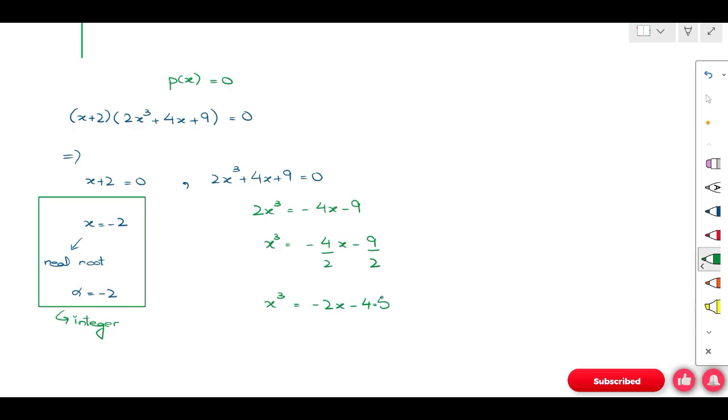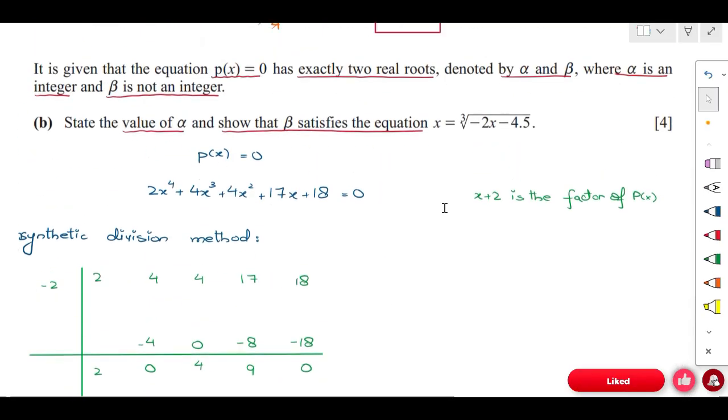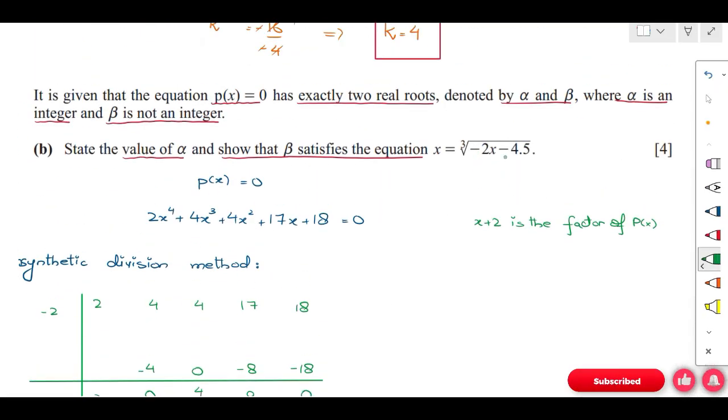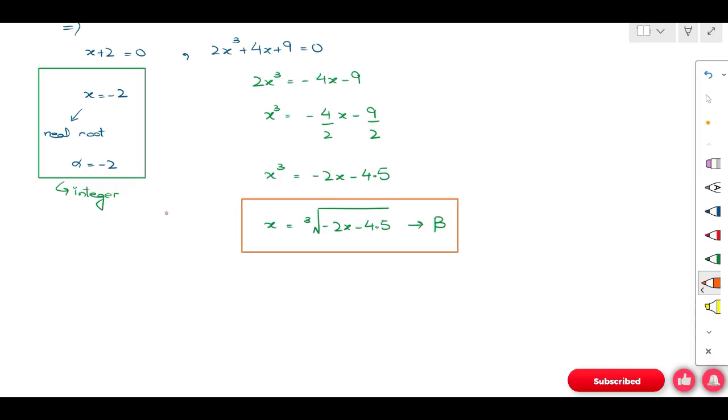And what is your x? x is equal to the cube root of minus 2x minus 4.5. This is the value for beta, the second root, which is real, but it is not an integer, right? We just need to show these two roots for the polynomial.